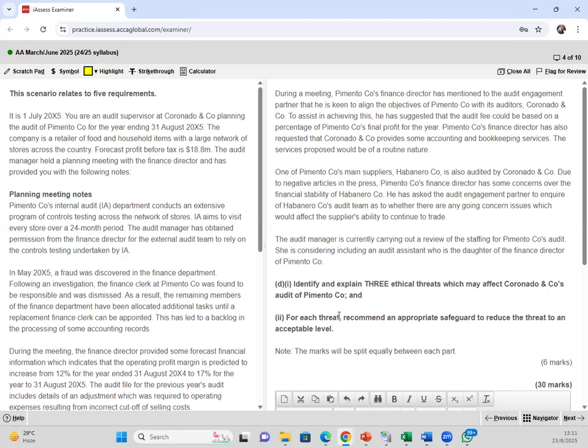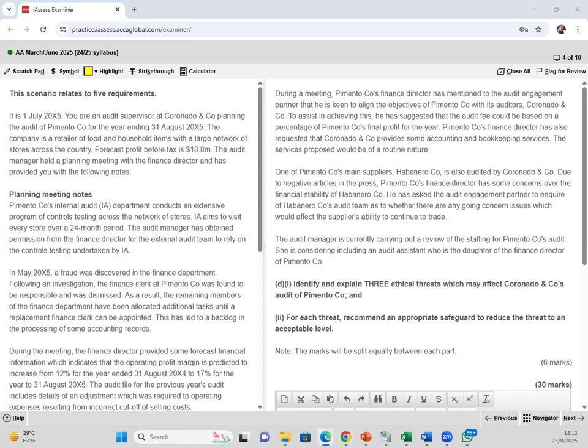The audit manager is currently carrying out a review of staffing for P company. She's considering including an audit assistant who is the daughter of the FD of P company. Okay, so that is the issue.